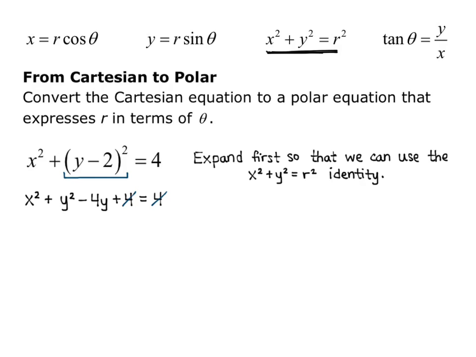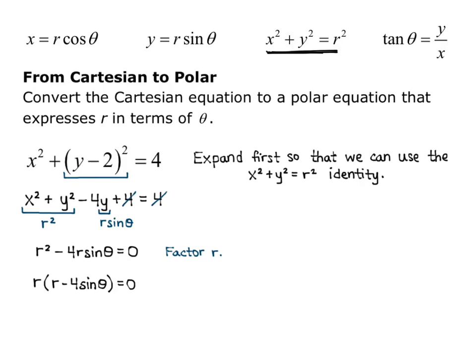The 4 on the left and right side of the equal sign cancel each other out, and the x squared plus y squared gets replaced with an r squared. Y is equivalent to r sine of theta, and so I end up with r squared minus 4r sine theta equals 0. Now I'm going to factor r.